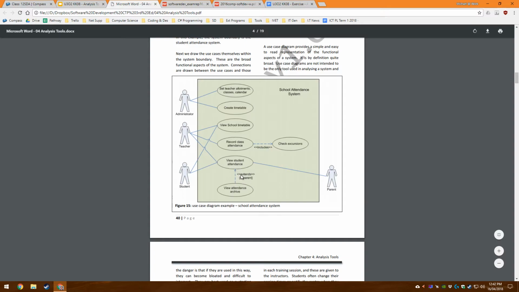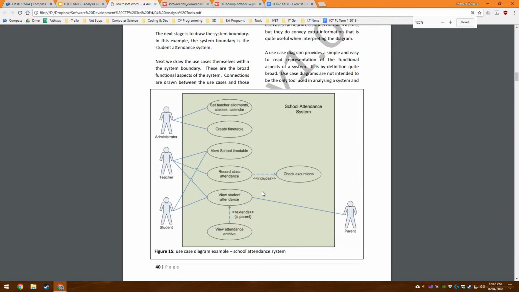Generally speaking, an extension is something that's optional. So I'll see if I can zoom in a little bit actually. There we go. So a use case that extends another use case is going to be optional. As a parent, I can view the student attendance. If I want to, I can then view the attendance archive.